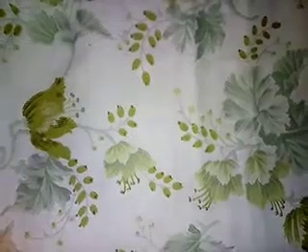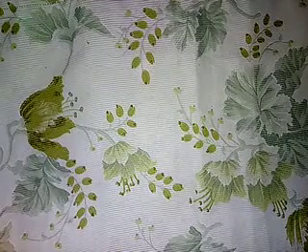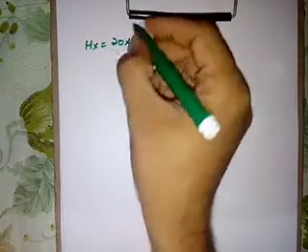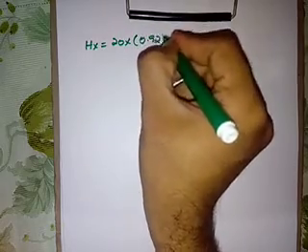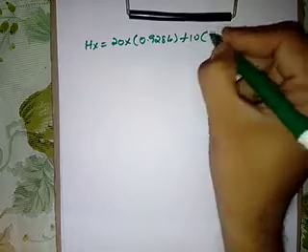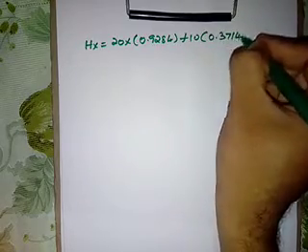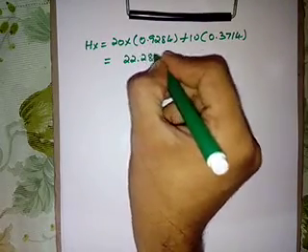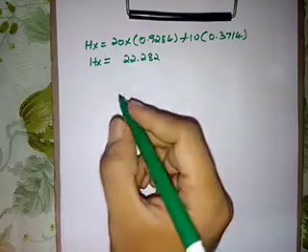Then hx will be equal to 20 into 0.9284 plus 10 into 0.3714. This will be equal to 22.282. That is the hx component.